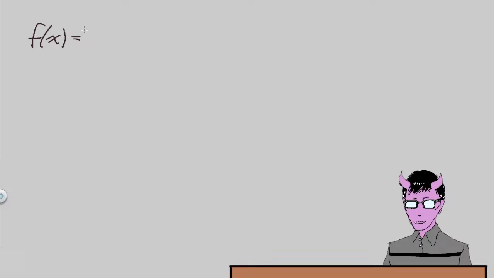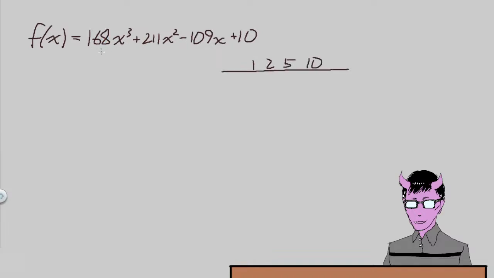So f of x is dreadful: 168x cubed plus 211x squared minus 109x plus 10. Yikes. That's bad. That one's not so bad. So factorizing 10 is just 1, 2, 5, and 10. Easy. It's this one that's disgusting.